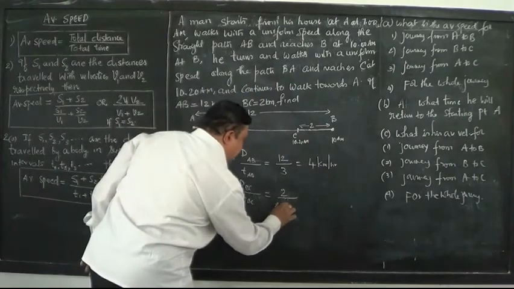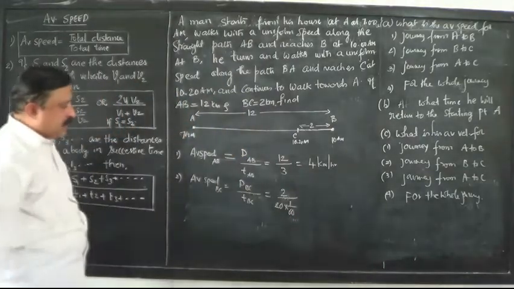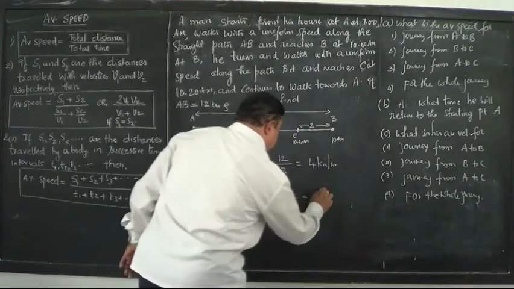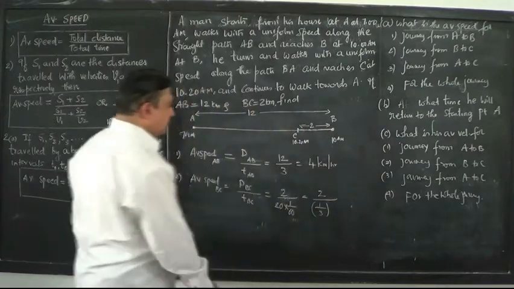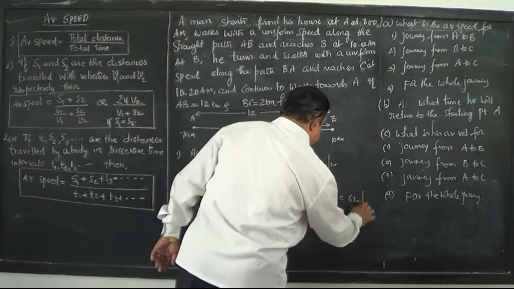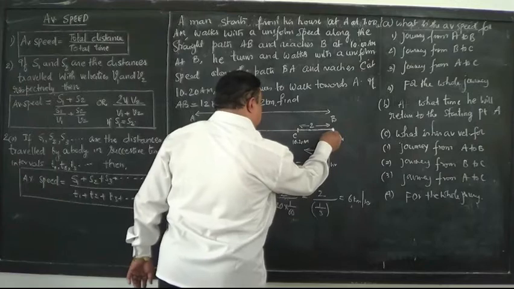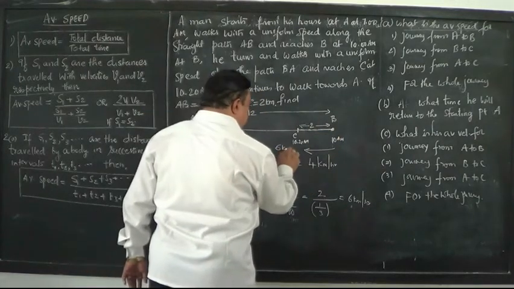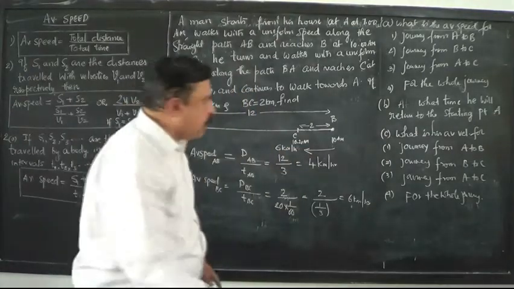That is 20 minutes into 1 by 60, because 1 minute is 1 by 60th of an hour. 20 minutes is 20 by 60, that is 1 over 3 of an hour. And that's 6 kilometers per hour. So remember, he has started walking from B towards A at a speed of 6 kilometers per hour. Okay, so 2 things have been found.